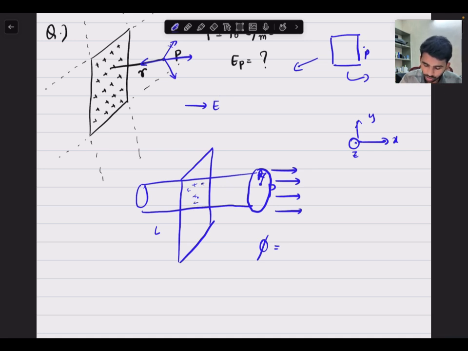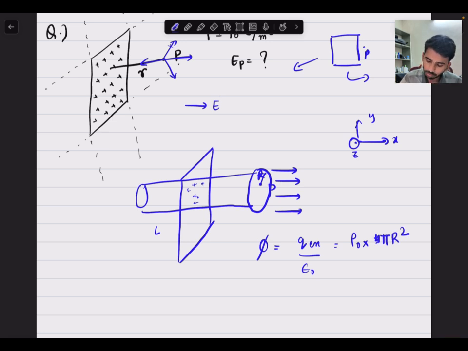of some radius capital R and some length L. We know that the flux through this surface would be nothing but q enclosed by epsilon naught.